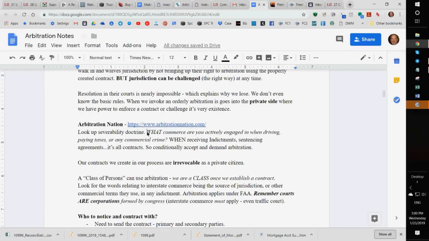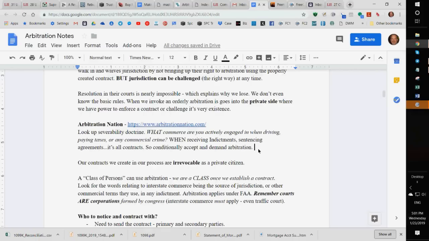So we have to ask the question, what commerce are we actively engaged in when driving, just personally? I didn't say using a motor vehicle, paying taxes, or being involved in a commercial crime where there's no actual physically harmed victim. Okay, you can't repay them somehow. If you know it's stolen from them, you should pay them. That's what restitution should be.